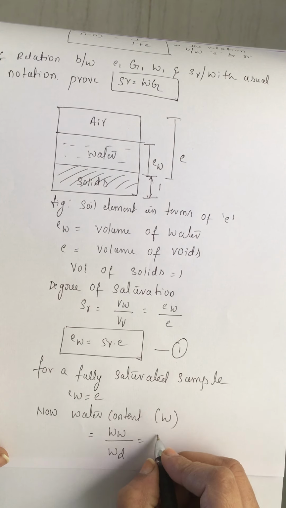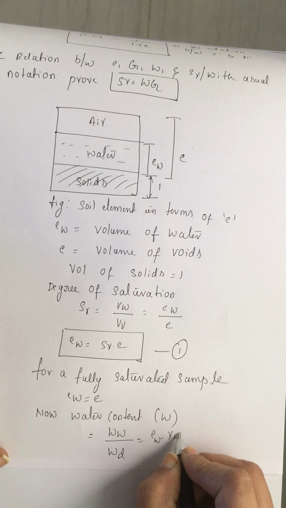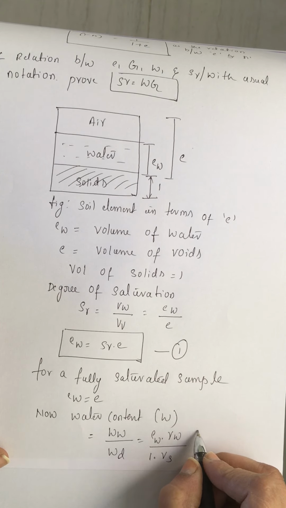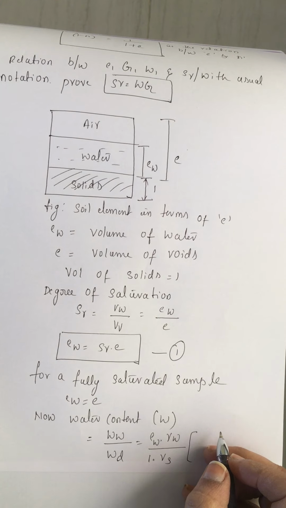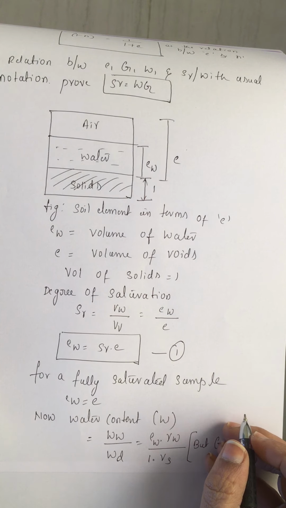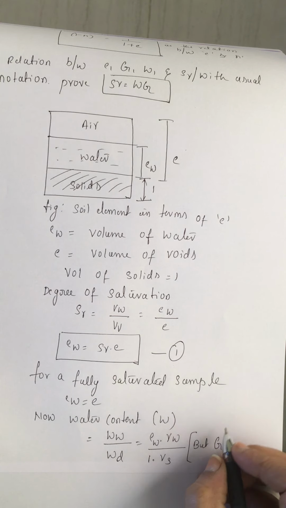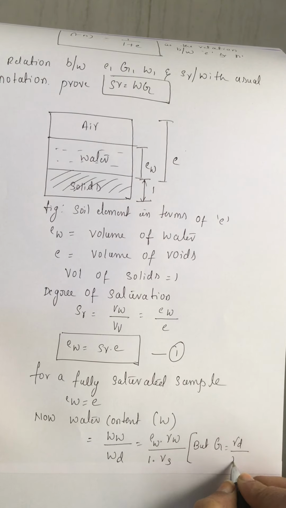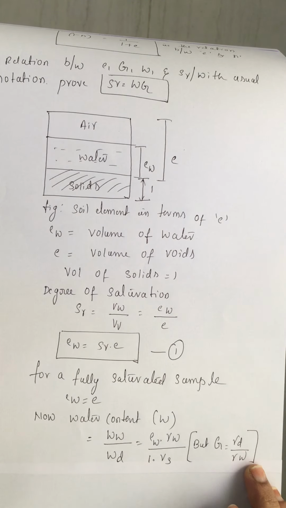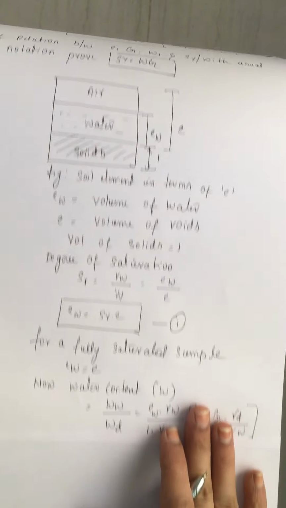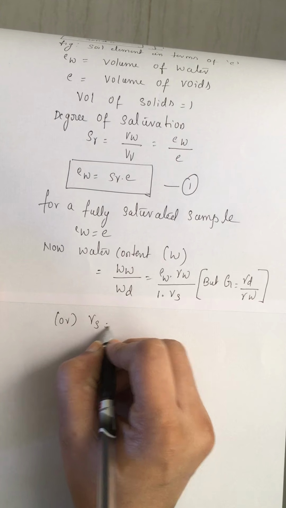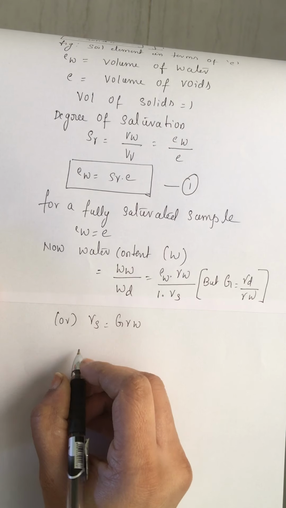Weight of water is written as ew into gamma w divided by 1 into gamma s. But G is equal to gamma s divided by gamma w, the unit weight of the solids compared with the unit weight of the water. Or we can also write it as gamma s is equal to G into gamma w.